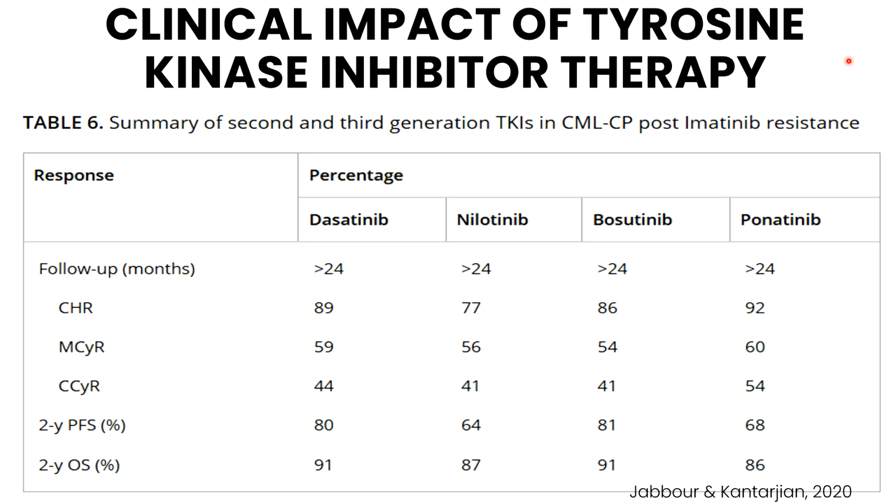Although TKIs can produce remarkable clinical responses, cancer cells do continue to evolve over time. As they divide, they may acquire additional genetic changes, which reduce a drug's ability to effectively inhibit the abnormal kinase. When that happens, the cancer may begin growing again despite ongoing treatment.